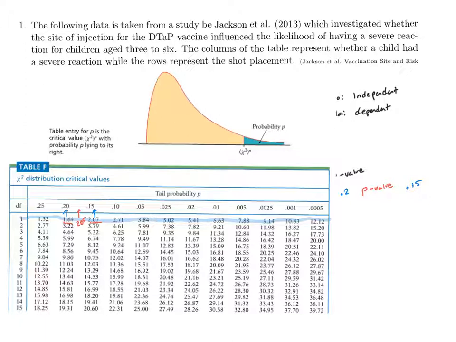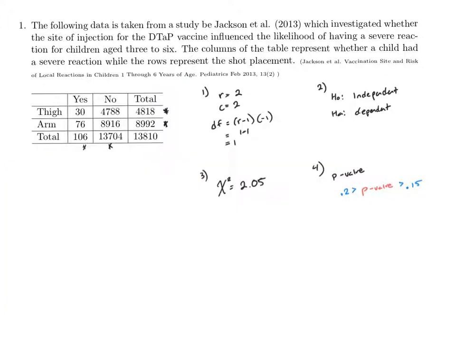Covering up the word p-value, I notice 0.2 is bigger than 0.15, so just like the t-table, as I move from left to right, my values are getting lower, so I'd put greater than symbols, moving left to right. Now I've found my p-value, let's go ahead and get rid of my table. And this takes us into step 5, which is my conclusion.